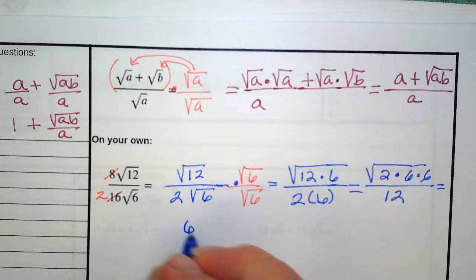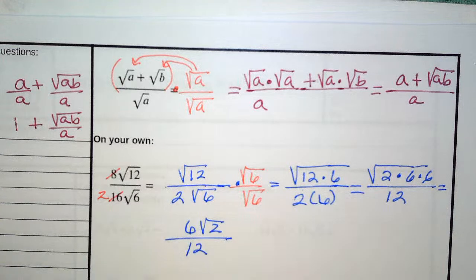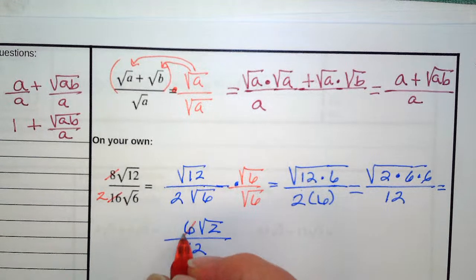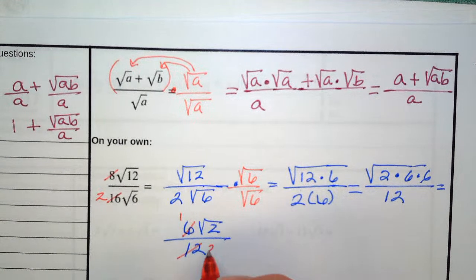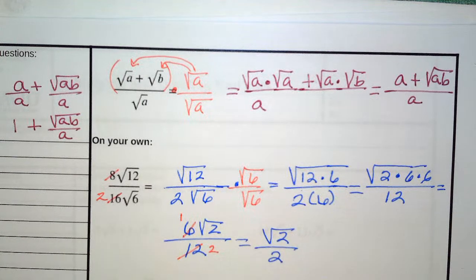It becomes 6 square root of 2 over 12. Am I done yet? No. 6 will go evenly into 12, so this becomes a 1, this becomes a 2, and our final answer is the square root of 2 over 2. And you're done.